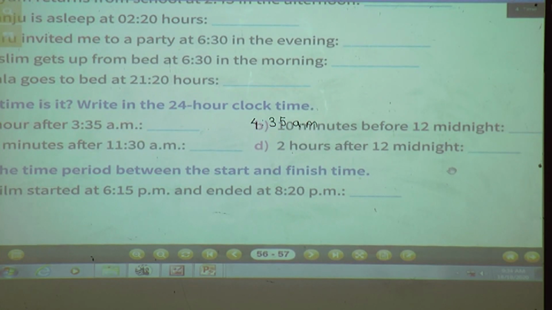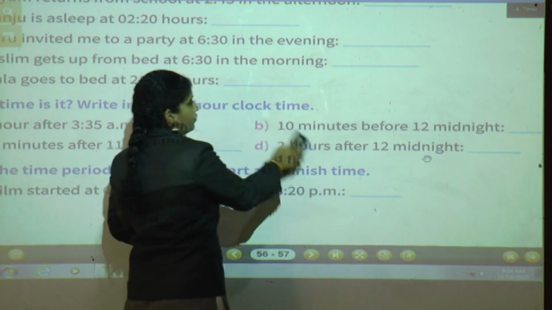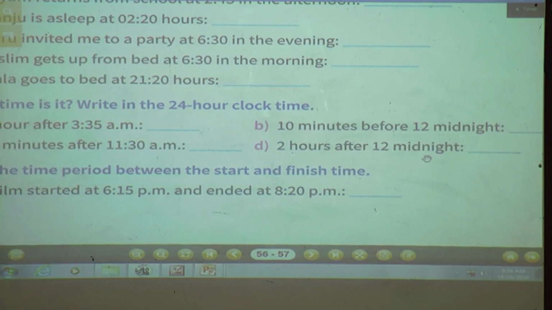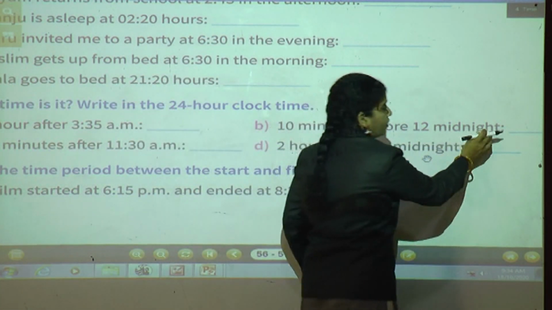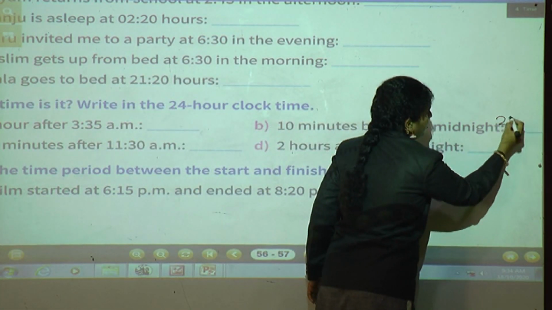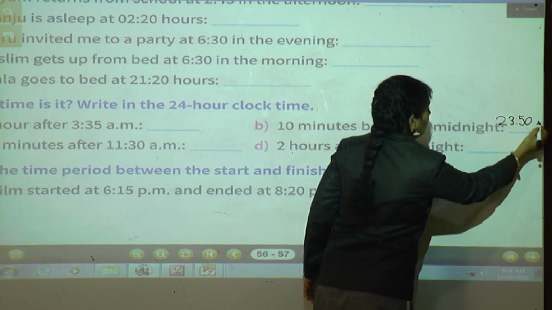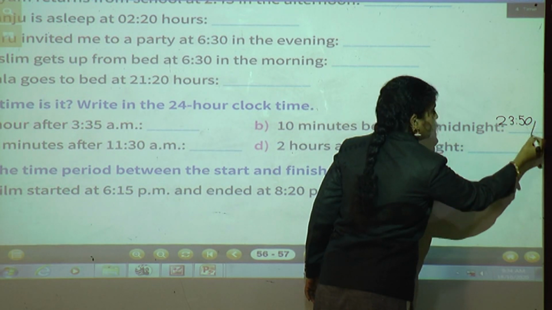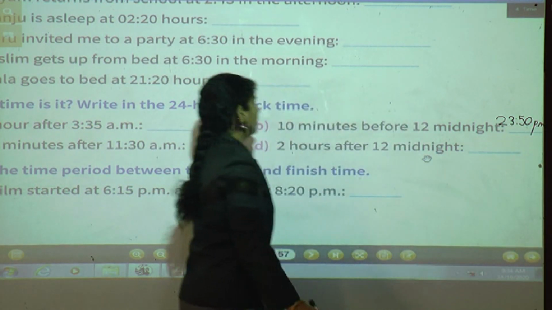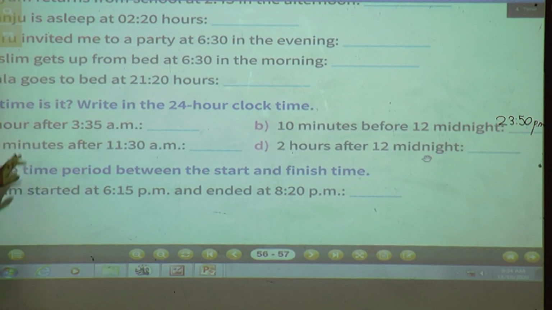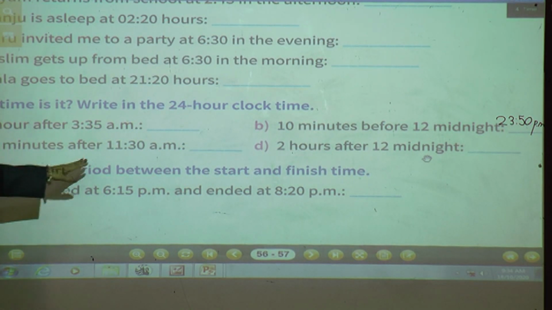Now 10 minutes before 12 midnight. 12 midnight means at midnight we write 24 for 12. So before that 10 minutes, what can I write here? 23:50. AM or PM? Yes, PM. Okay. Now here, 30 minutes after 11:30 AM. 11:30 AM means in the morning.